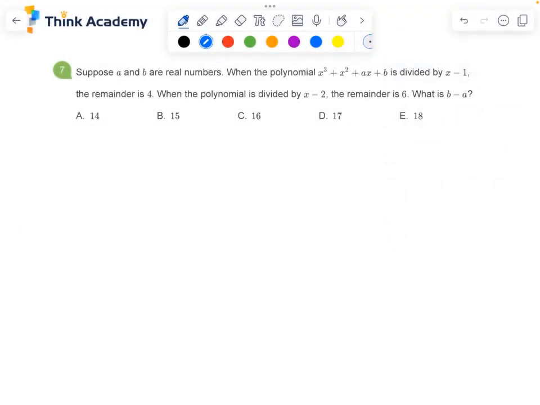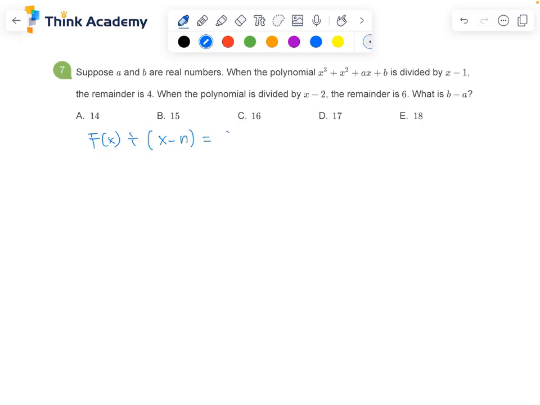Okay, before we dive into this problem, let's first look at a useful conclusion. Suppose I start with a high degree polynomial f(x), and I divide it by a linear term, a first degree polynomial x minus n. What would I have?